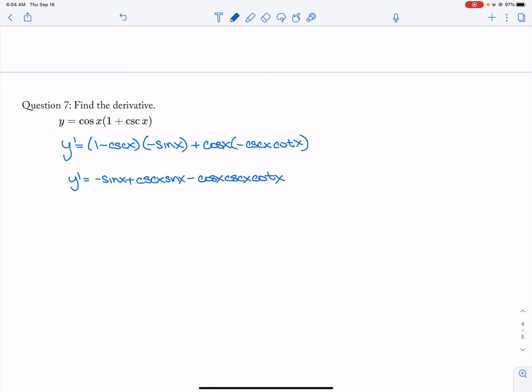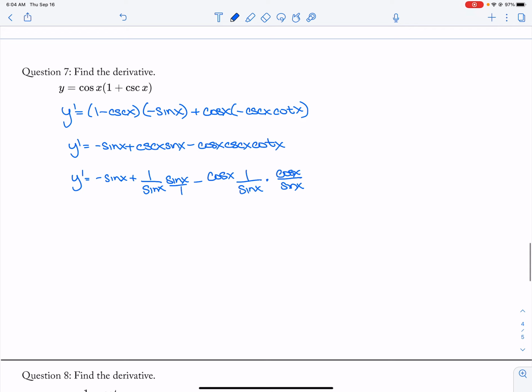Okay. I do want to see if anything cancels out. So I have a negative sine of x plus 1 over sine times sine. So that'll give me 1 minus cosine of x. Cosecant is 1 over sine, and cotangent is cosine over sine.